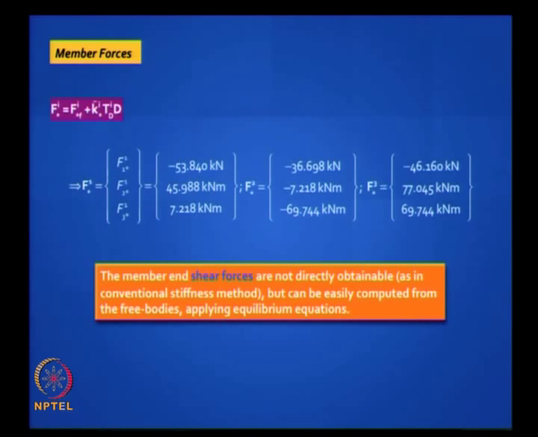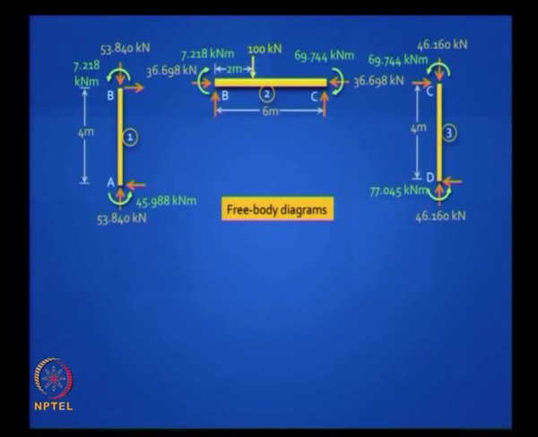So the member end shear forces are not directly obtainable as in conventional stiffness method, but can be easily computed from the free bodies applying equilibrium equation. So let us see how to do that. So this is what you get from those vectors. You have got the 2 end moments for each of the elements and you have got the axial forces.